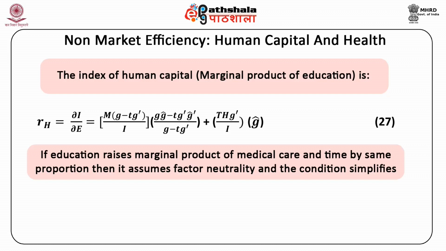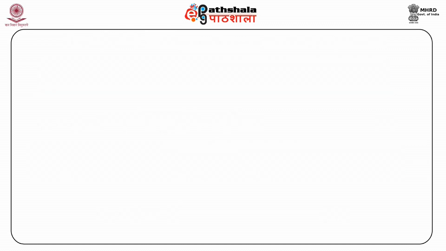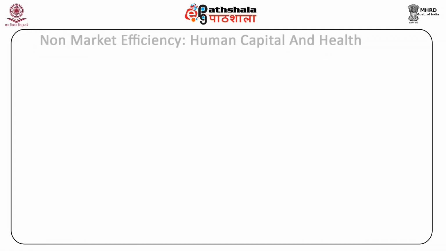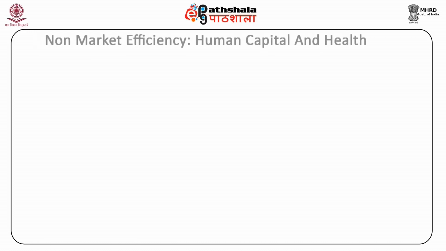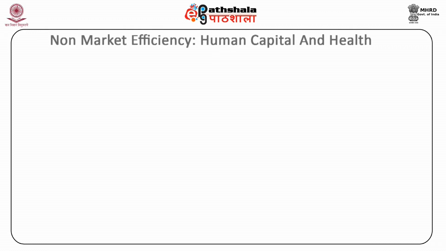If education raises the marginal product of medical care and time by the same proportion, then it assumes factor neutrality and the condition simplifies to RH is equal to g hat is equal to g' hat. Equation 28. An increase in marginal product implies a fall in input quantity to produce gross investment.